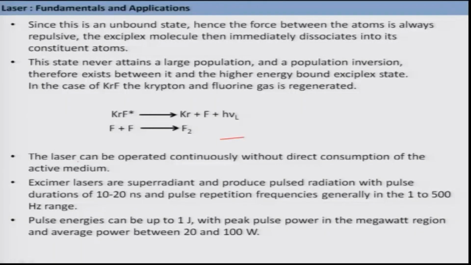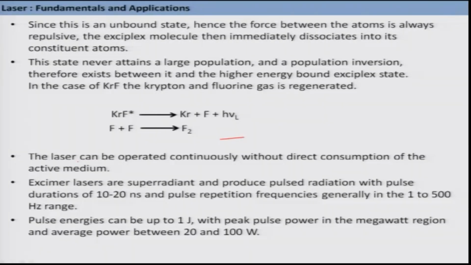And these excimer lasers are super radiant, and they produce pulse radiation with a duration of 10 to 20 nanoseconds, and the rep rate can be 1 to 500 hertz. The pulse energies can be up to a joule, the peak power can be a megawatt, and the average power can be like 20 to 100 watts.